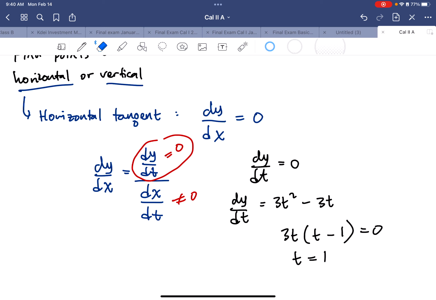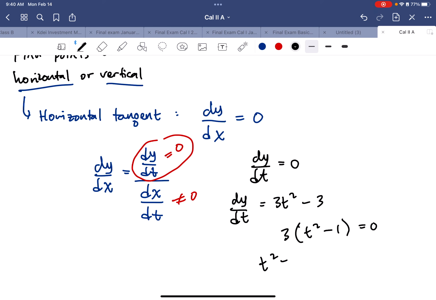So t squared is equal to 1, so t is plus or minus 1.